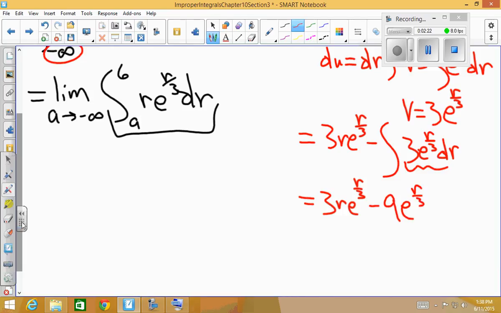If you're not sure, you could do a little substitution to get that done, plus c. So there is an antiderivative.